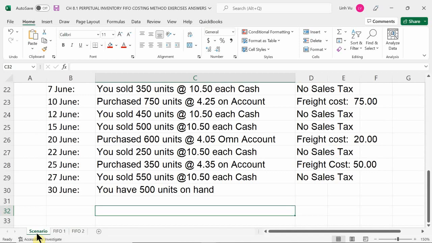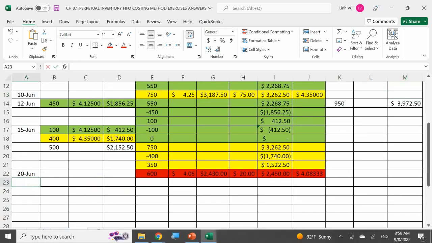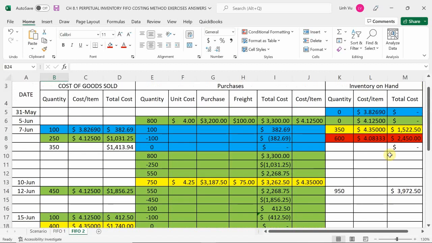June 22nd, we end up selling 250 units. So let's take a look. Do I have enough for 250 units? Yes, you'll do 250 out of the yellow.